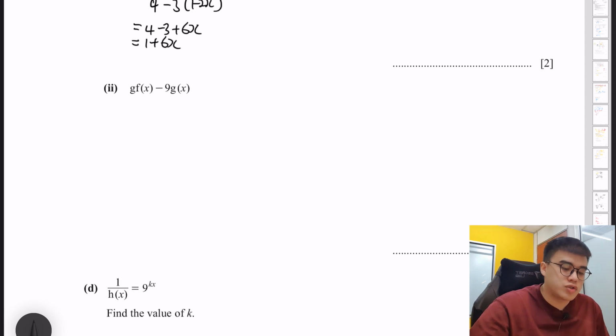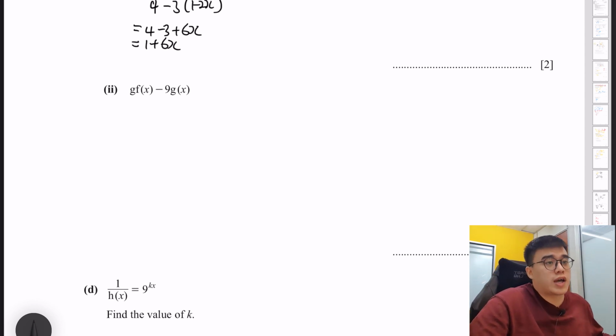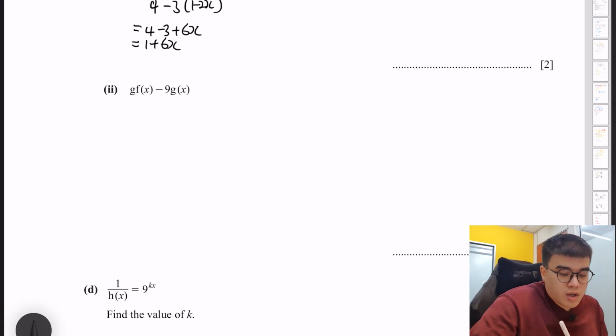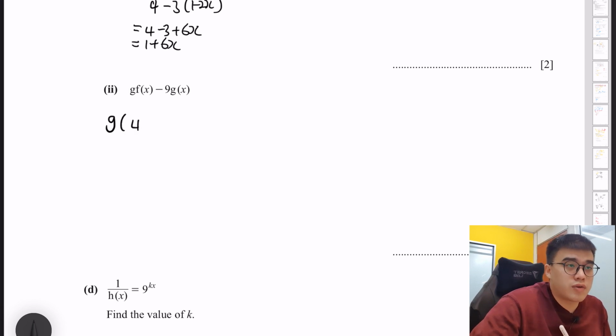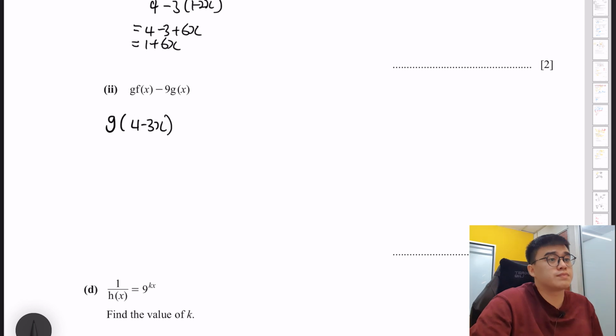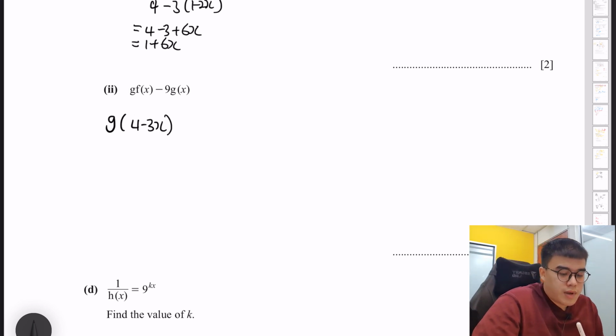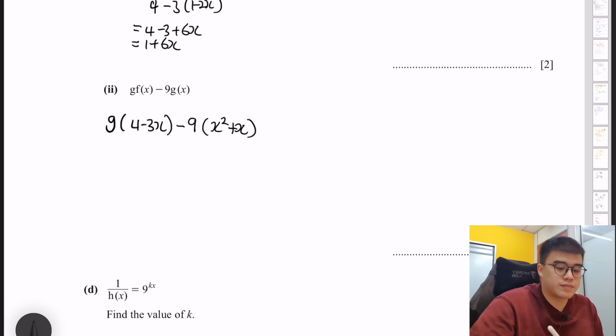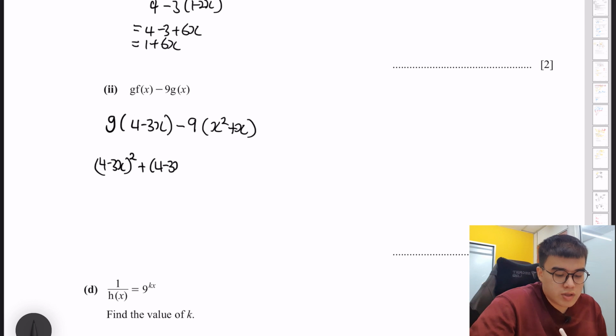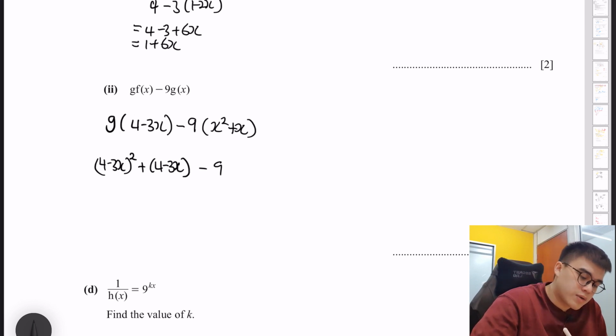Moving on, we have g of x minus 9 g of x. So let me pull out the equation so that I can refer. So g of x is actually 4 minus 3x here, okay? Minus 9, our g of x is actually x squared plus x. So this 4 minus 3x will be replaced into the x squared position, plus 4 minus 3x, minus 9x squared minus 9x.